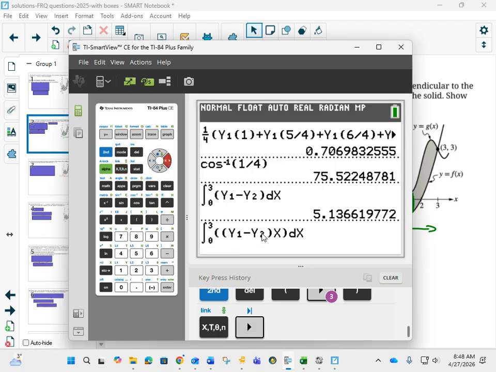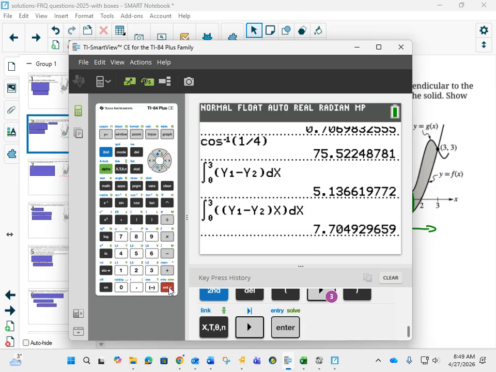So now it's multiplied together, push enter, and I get my 7.705. So again, these are some shortcuts that you can see on your calculator. Little things like this are very helpful on the exam.